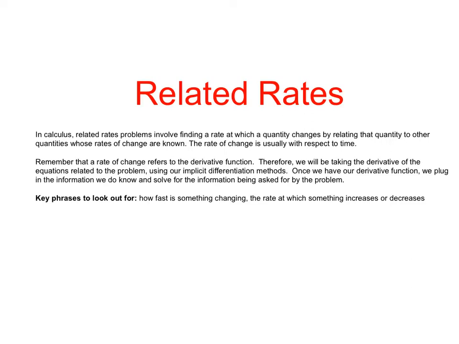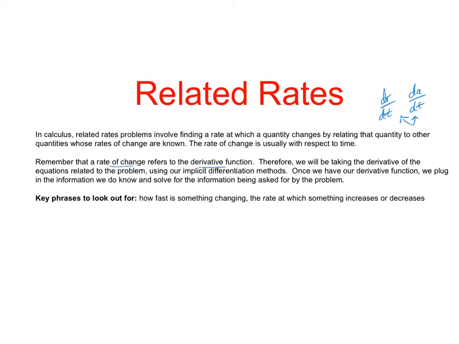So we're going to have some sort of related rate that, when we take the derivative, has some dr over dt or dA over dt, because everything is related to time. So that's what our denominator statement would be. Remember that rate of change refers to a derivative function, so we will be taking the derivative of equations related to the problem.